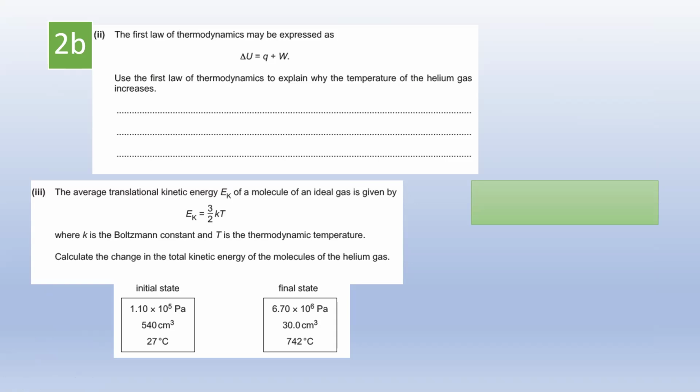How do you know that internal energy increases? Because work is done on the gas. Yeah, so Q is 0, right? And then this is work done on the gas. This is the initial volume, so there's a compression involved. So work done on the gas, so there's a rise in internal energy. So if there's a rise in internal energy, there's a rise in temperature.